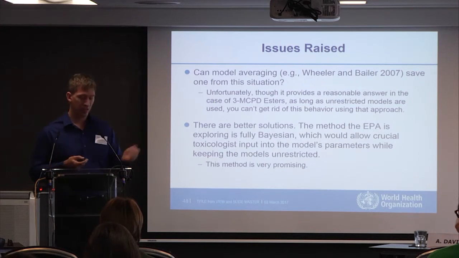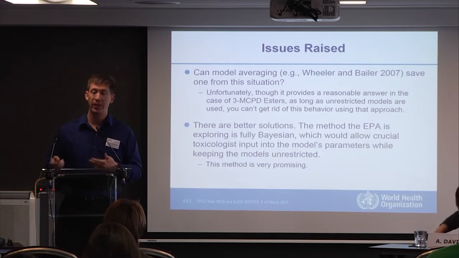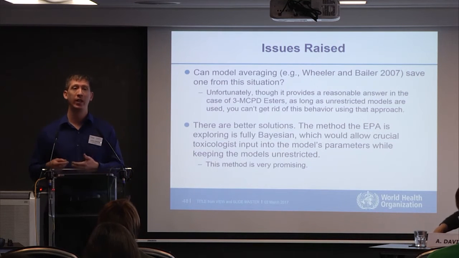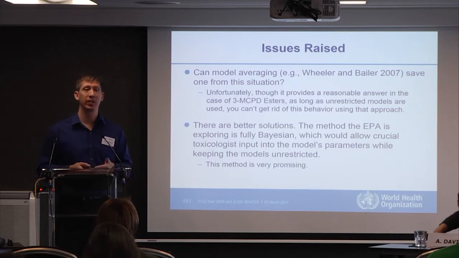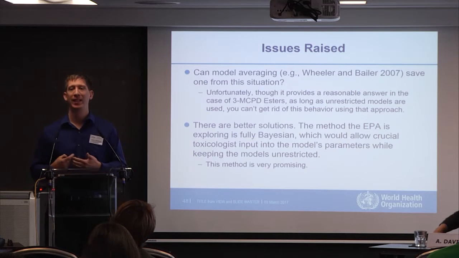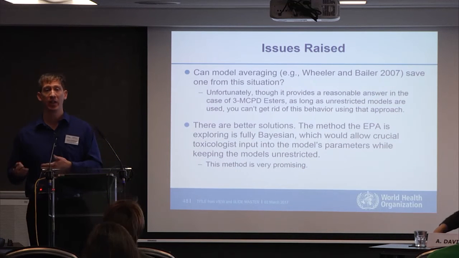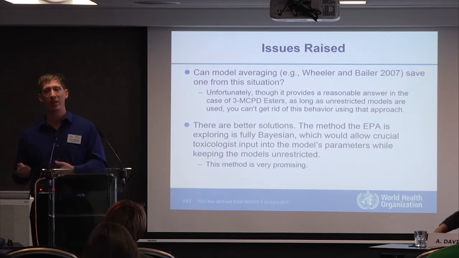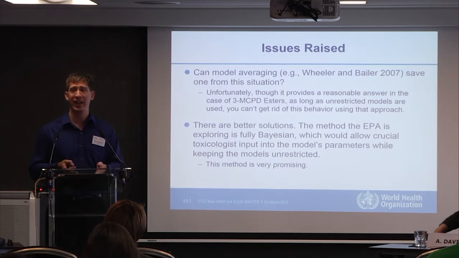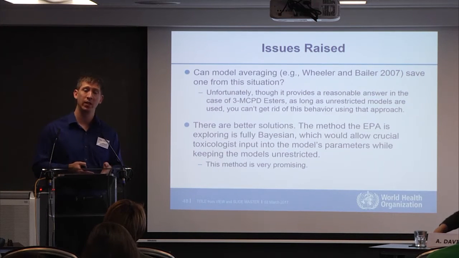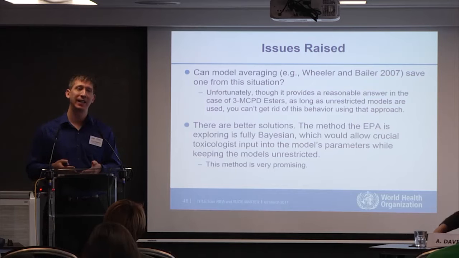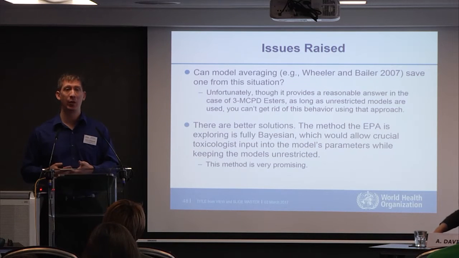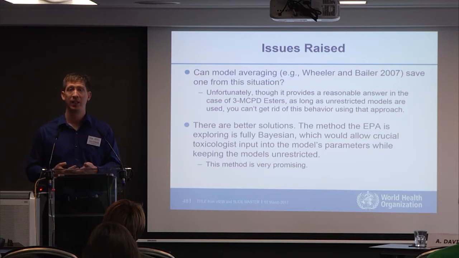The EPA and I are working on a fully Bayesian approach, which would allow for unrestricted models, but include toxicological knowledge. So really the only way you would have a model that goes below, say, the alpha parameter going below 1, is if there were a lot of data that really supported that.